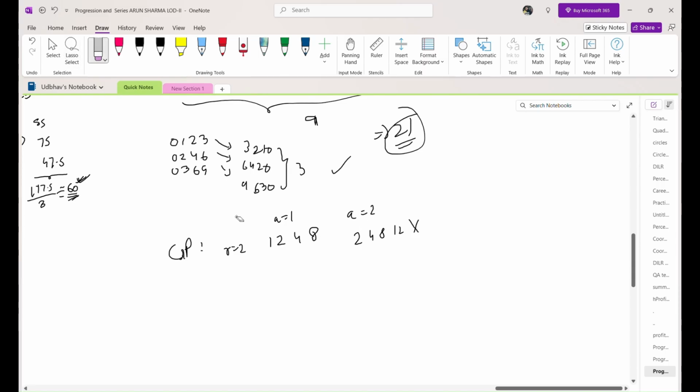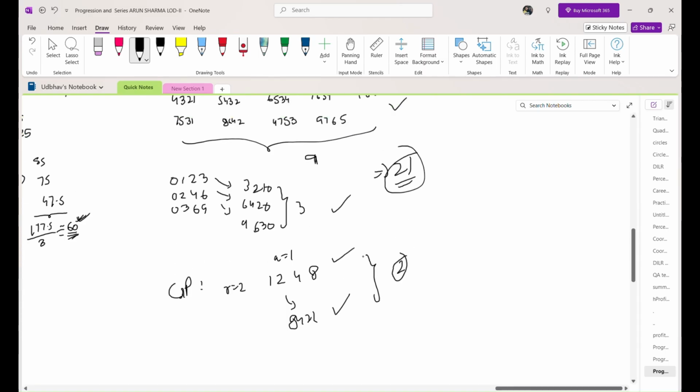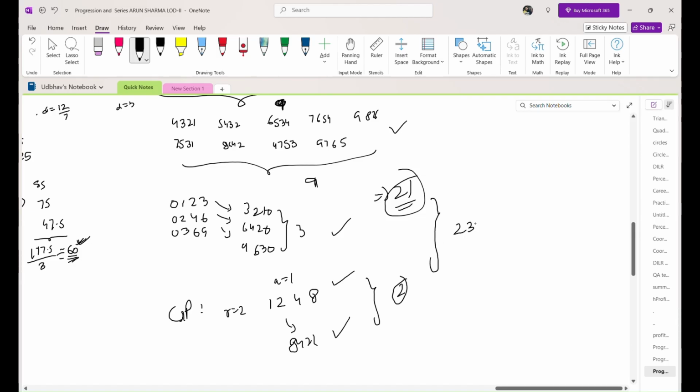So after 1 it won't work, but if we reverse this, 8, 4, 2, 1, this is also a number. So 2 numbers with GP like that. So total numbers 23.